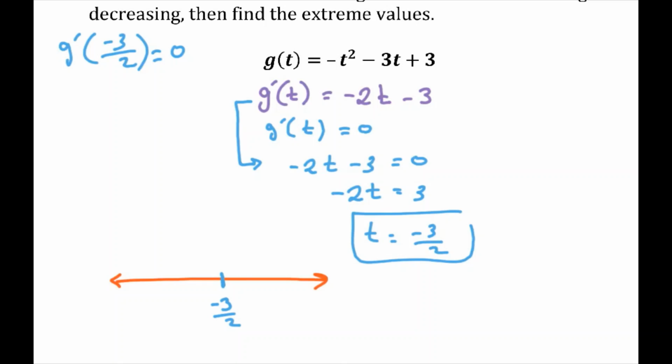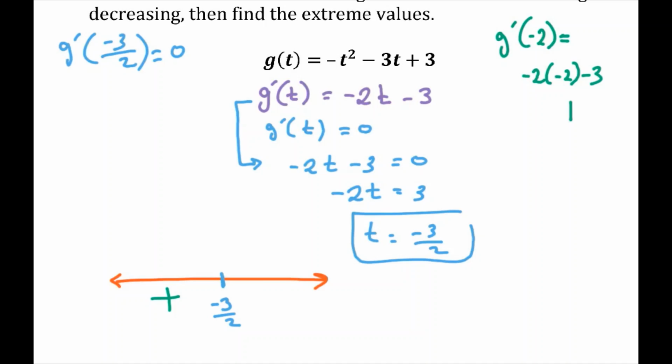If you substitute negative 2, g prime of negative 2 equals negative 2 times negative 2 minus 3, which is basically 1. So it's positive. The derivative was positive to the left side of negative 3 over 2.